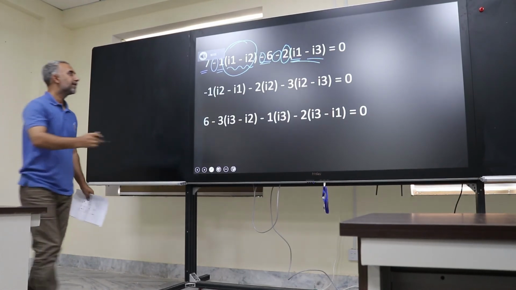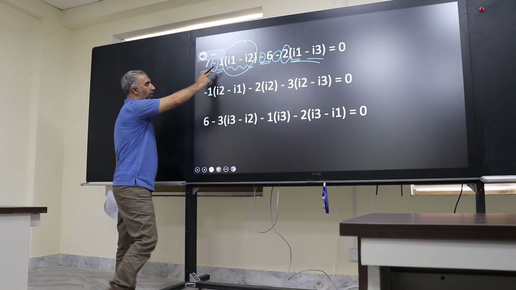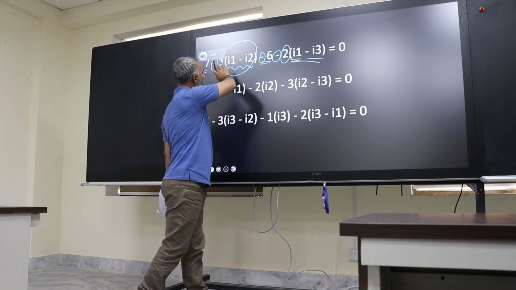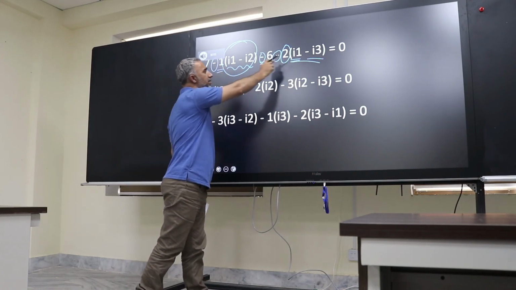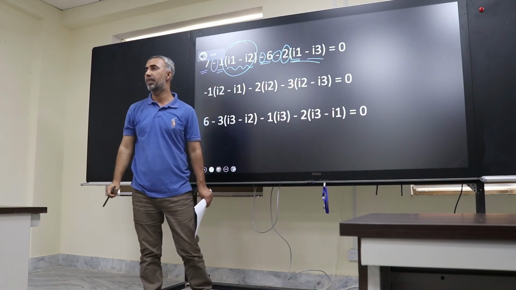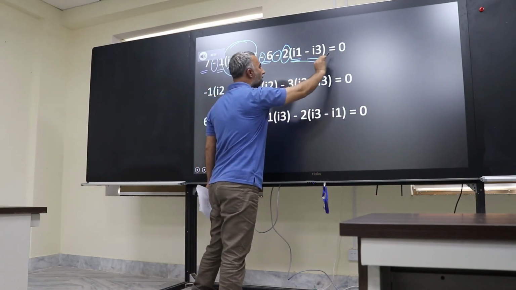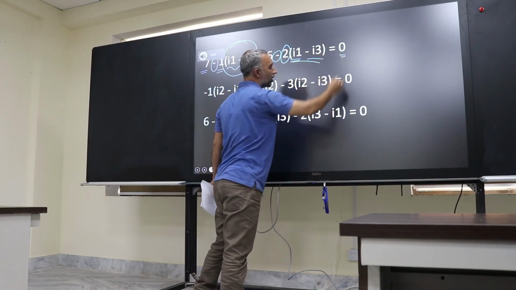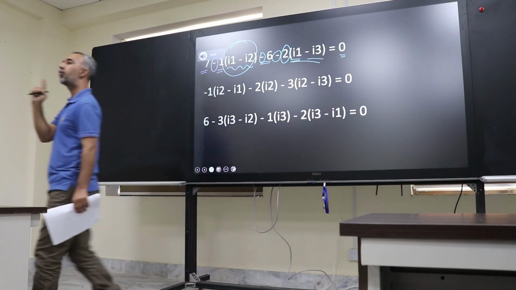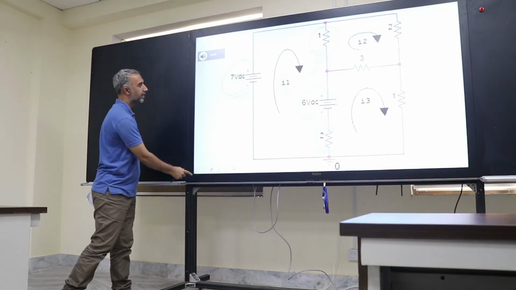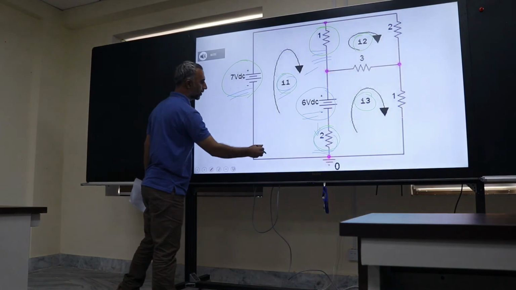If you say this one is 1 volt or resistance is 1, this is double the previous one. It is getting more current from it. So we are considering this, and overall net we are writing it equivalent to 0. This is the first equation.